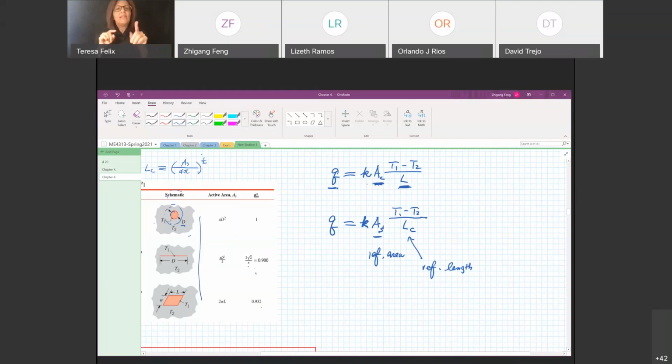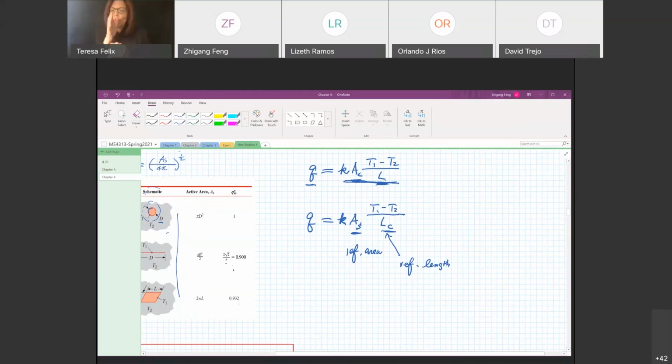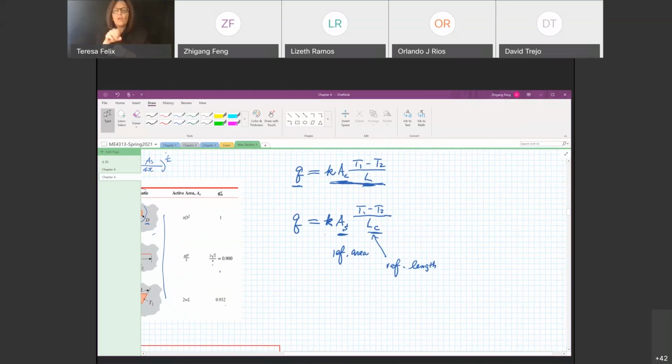But this will not be accurate because A sub S and L sub C are not the actual cross-section area and length. So in order to make this accurate, we have to multiply by some scale factor. And that scale factor is called dimensionless heat transfer rate. Okay?